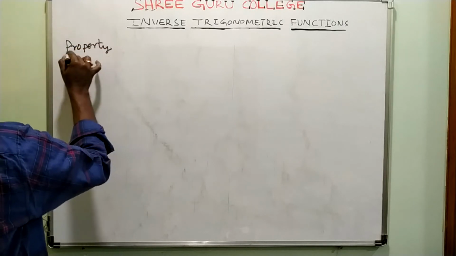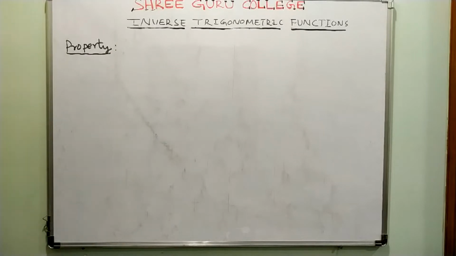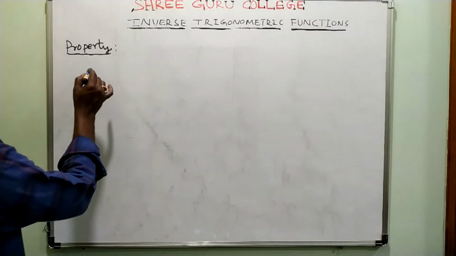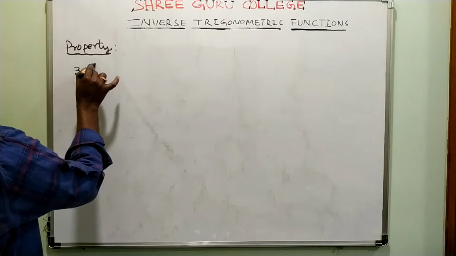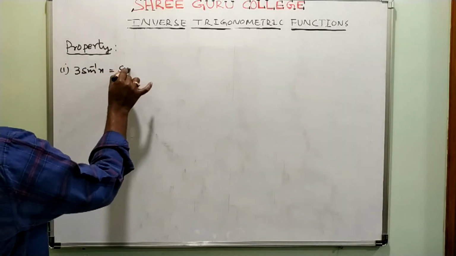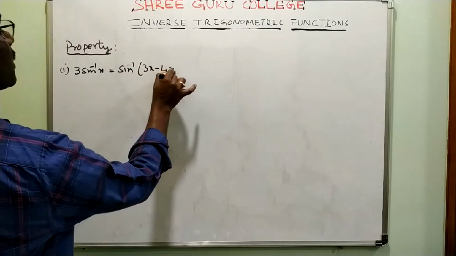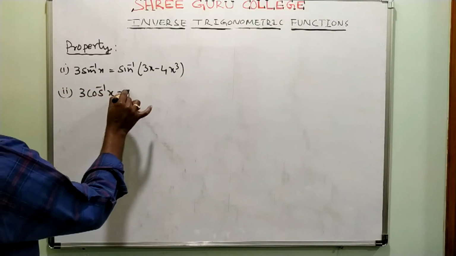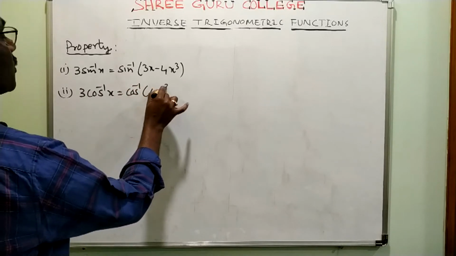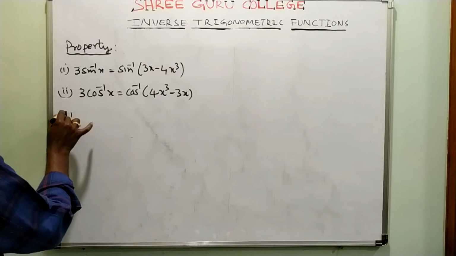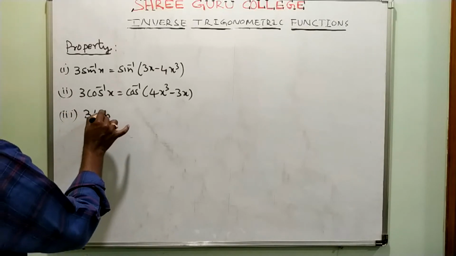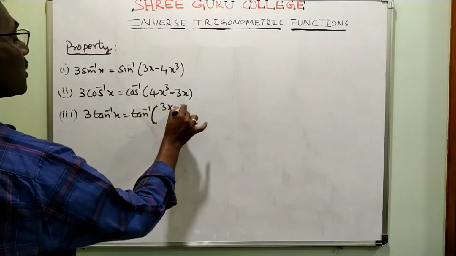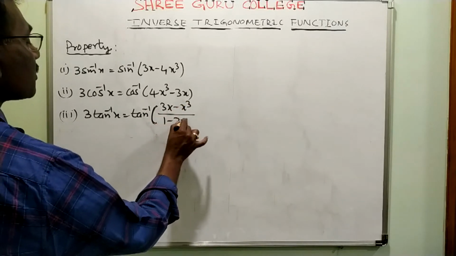Another type of property. 3 sin inverse of x is sin inverse of 3x minus 4x cube. 3 cos inverse of x is cos inverse of 4x cube minus 3x. 3 tan inverse of x is tan inverse of 3x minus x cube by 1 minus 3x square.